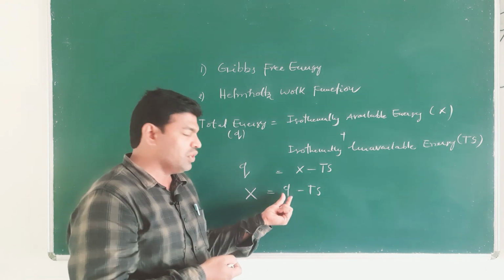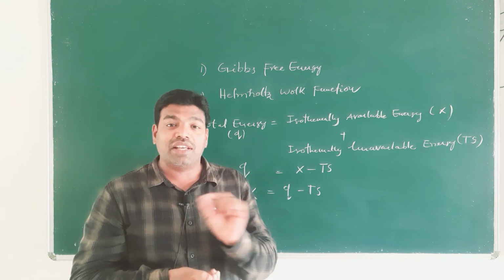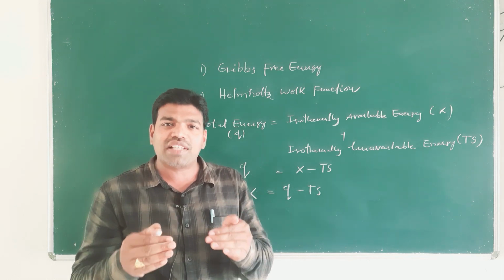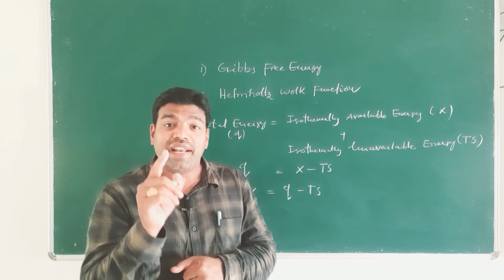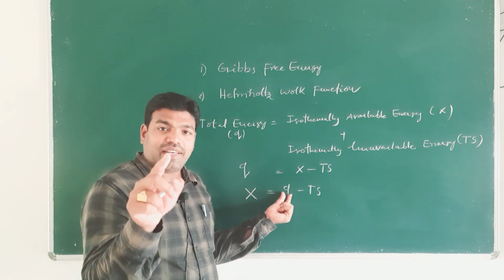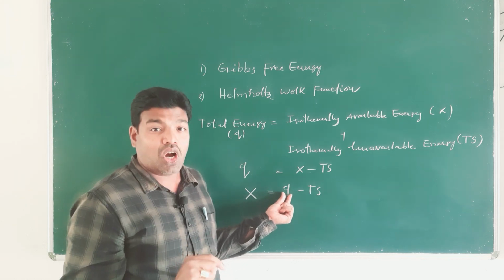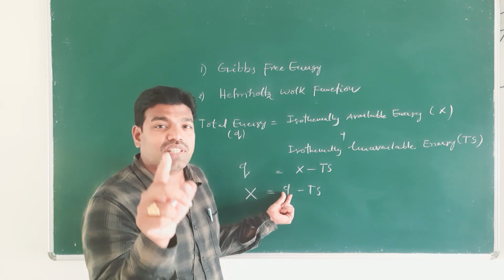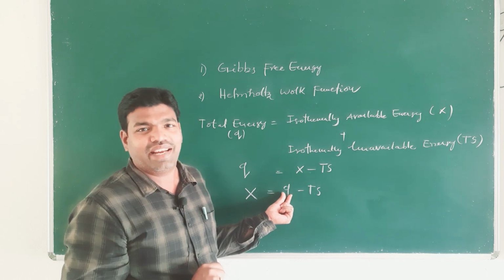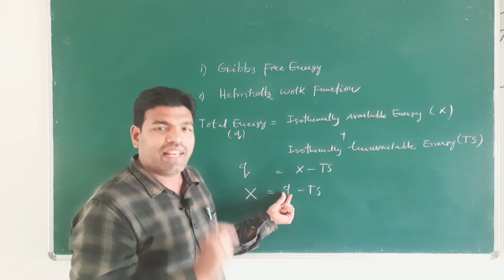For example, if the heat that we are supplying to the system is at constant volume, then Q can be replaced with internal energy, because heat absorbed at constant volume is nothing but internal energy.